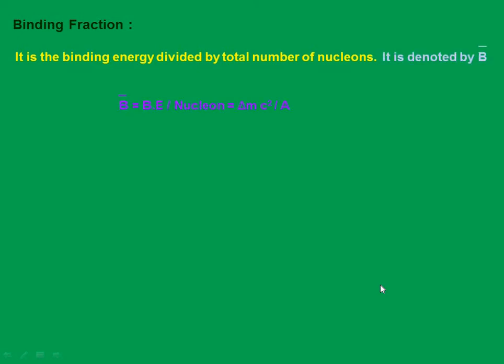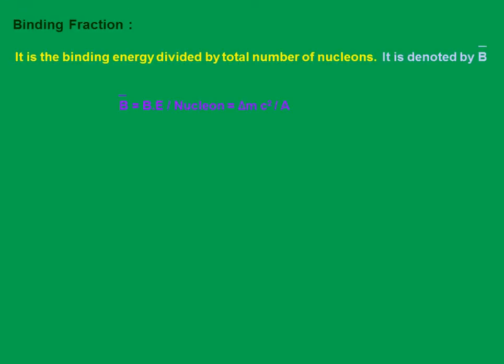Just like the approach we discussed earlier for mass defect, similarly here in terms of the energy, binding fraction is nothing but the average binding energy per nucleon. Simply, you can call it the binding energy divided by the total number of nucleons, which is nothing but the total mass number. That is denoted by B bar. So B bar equals Be by A, so delta m c square by A. Are you getting the point here?